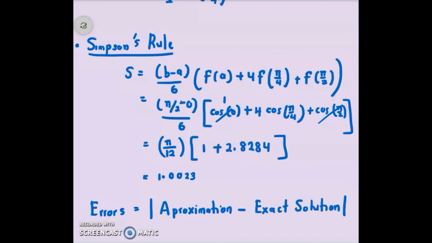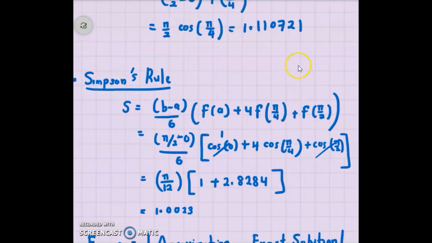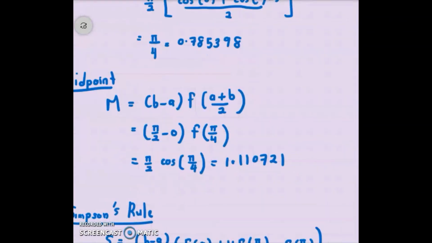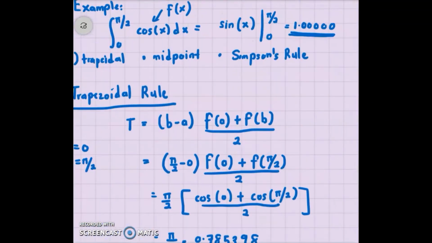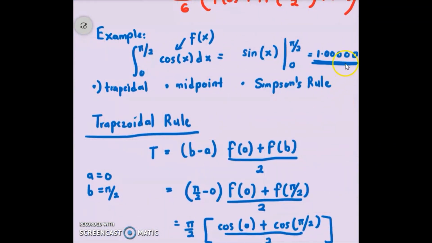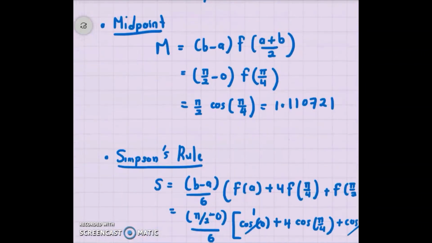Now the exact solution for this interval, I've already stated earlier on, is given as 1, which is the integral from 0 to pi over 2 of cos x dx. You integrate this, it gives you 1. So that's our exact solution.